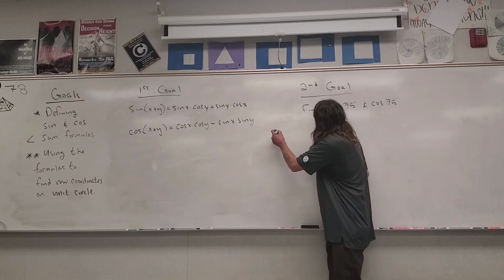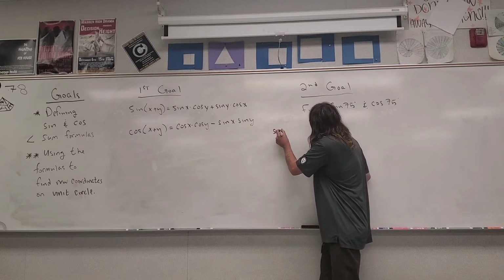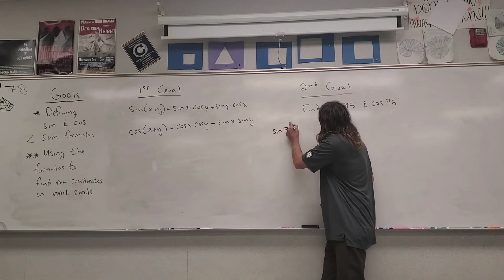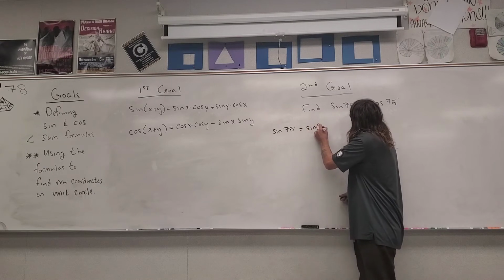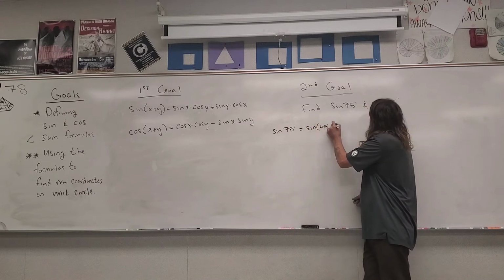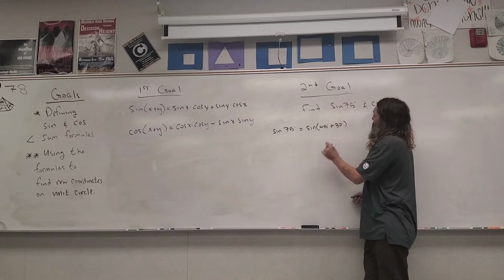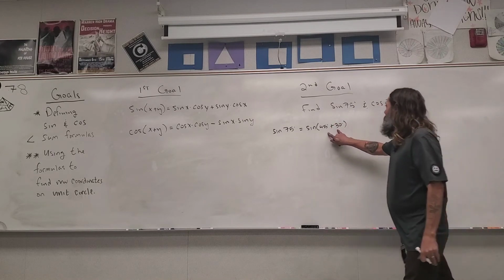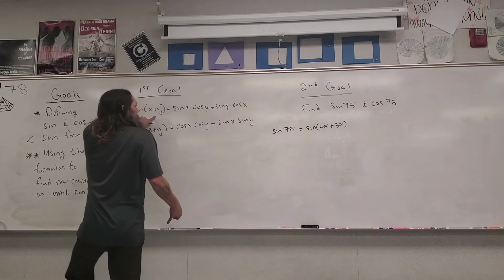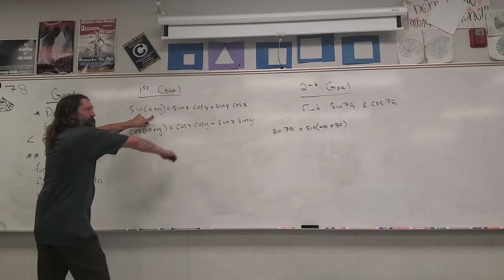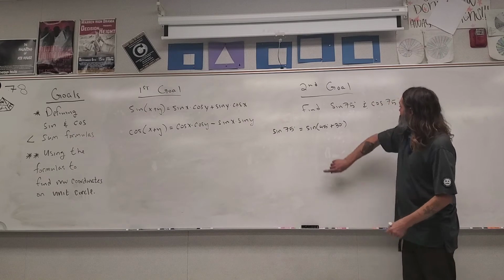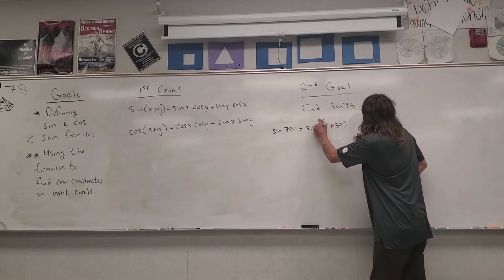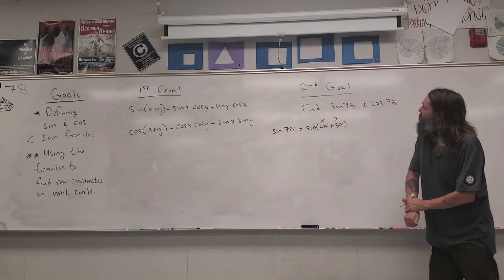So sine of 75 degrees is equal to sine of 45 degrees plus 30 degrees. All right, so I now have this, so I can now replace this with this. This is my x, and I'll make sure I label that so I can follow the formula.